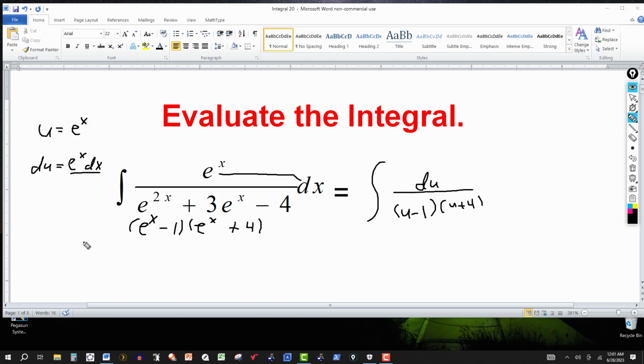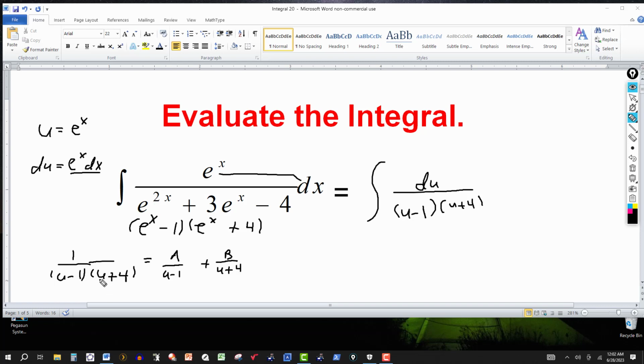And this is just a partial fraction problem here. So we have 1 over u minus 1 times u plus 4. The integrand can be broken down by partial fractions. They're linear and non-repeating, so it'd be some constant A over u minus 1 plus some constant B over u plus 4.